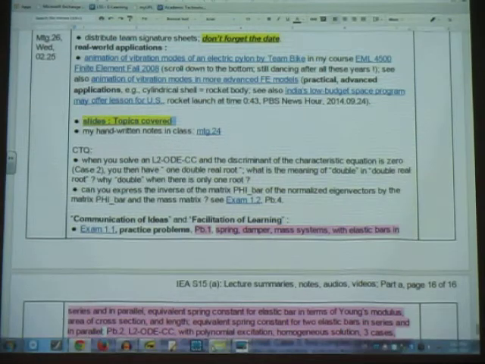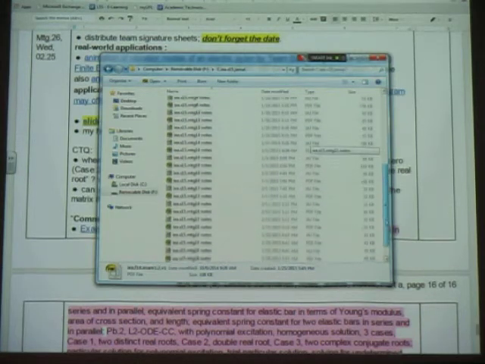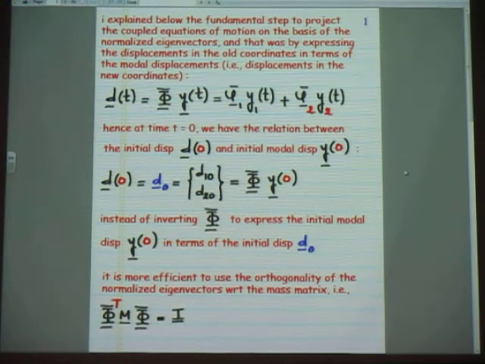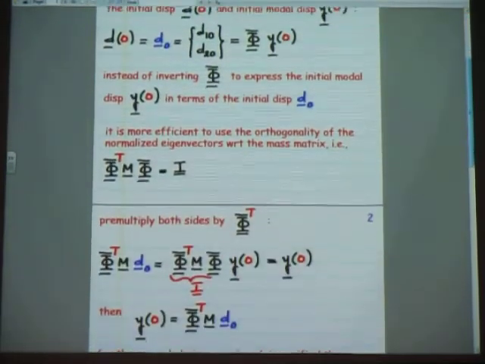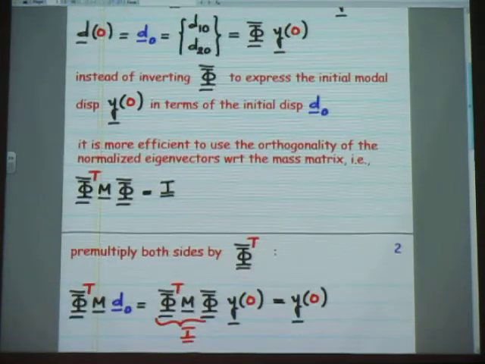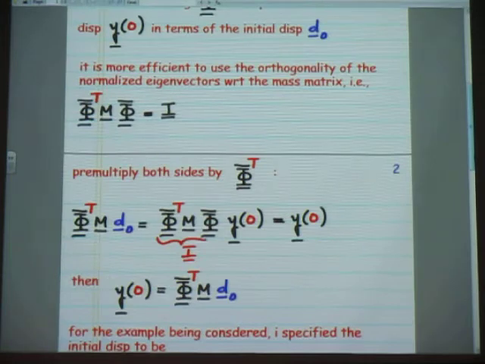handwritten notes. Let's see, maybe I can go to my meeting 22. Yeah, it's right here. You see, it's in meeting 22. This is how I derived this expression, right?